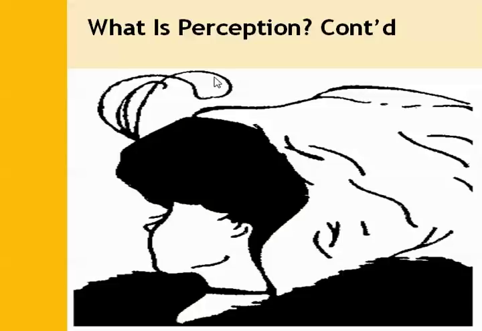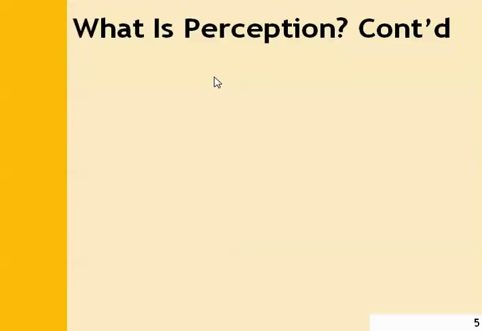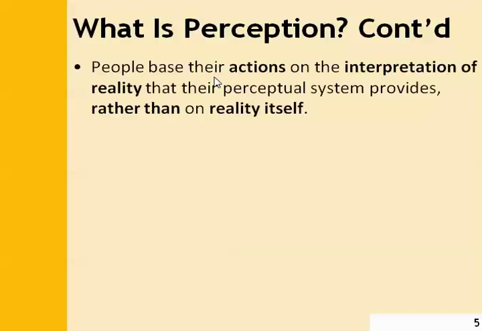So why is perception so important? Perception is so important because people base their actions on the interpretation of reality that their perceptual system provides rather than on reality itself. What do we mean by that?